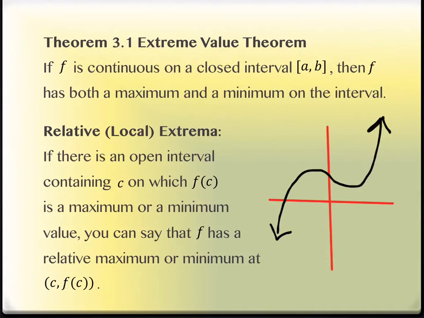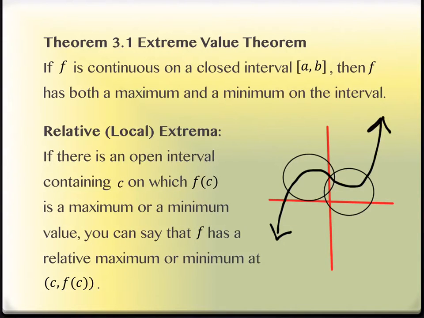There are locations where I could zoom in. And if I were to zoom in, there is a place in each of those areas where it is the maximum in that area or the minimum in that area. And those areas would be, I thought I had my circle going on, here and here. If we were to zoom in on those spots of the graph, right, you know your calculator has great zooming features, right?